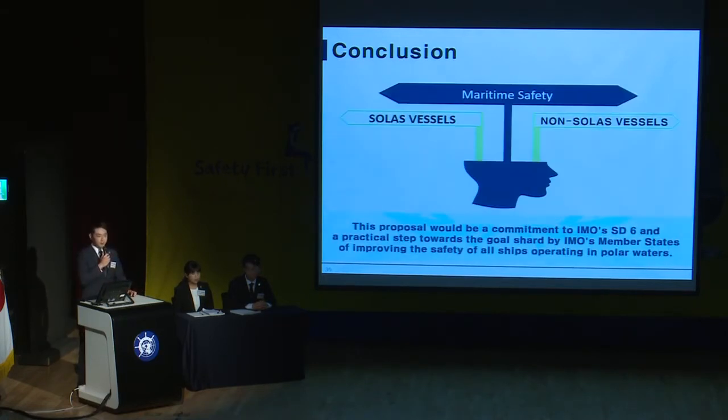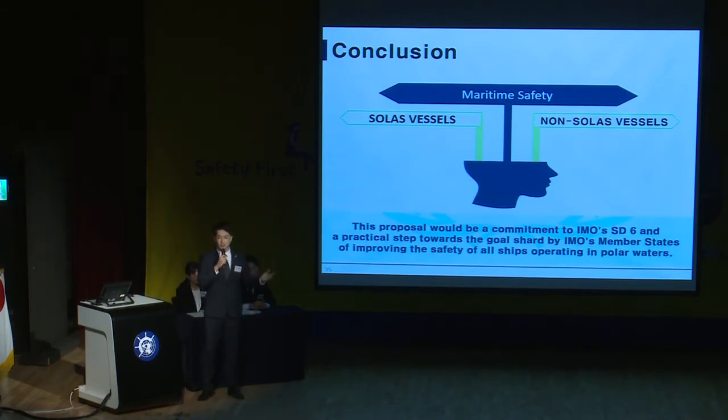Last but not least, as we are all aware, the paramount mission of IMO is maritime safety. However, many non-SOLAS vessels operating in polar waters are exposed to risk without any safety measure, without being subject to the Polar Code. And this results in severe accidents and losses in various aspects, such as human life, resources, and environment.